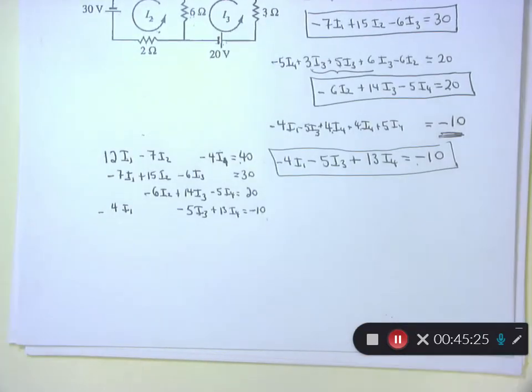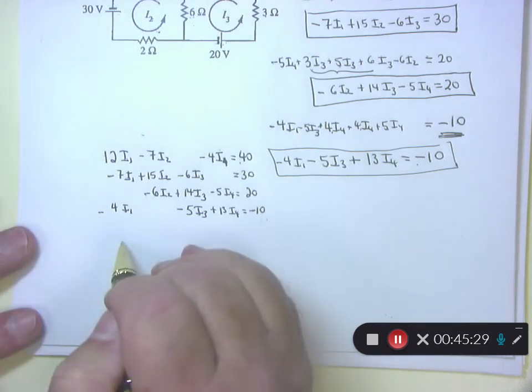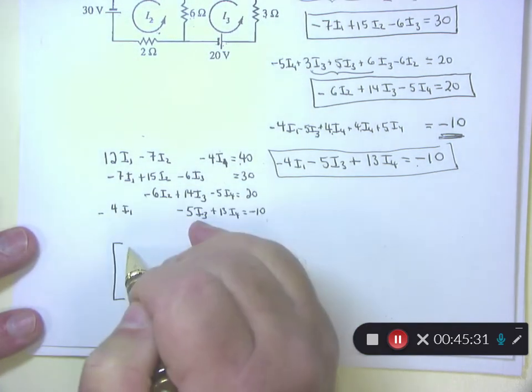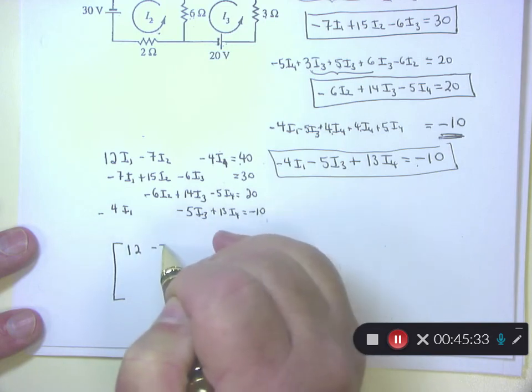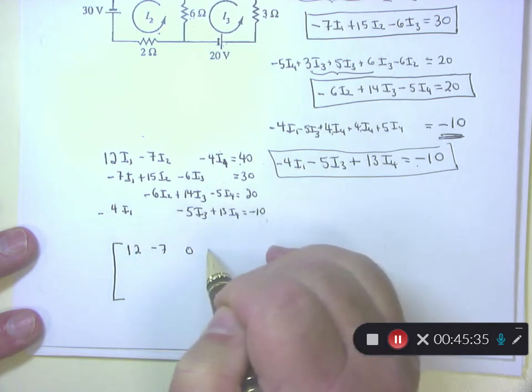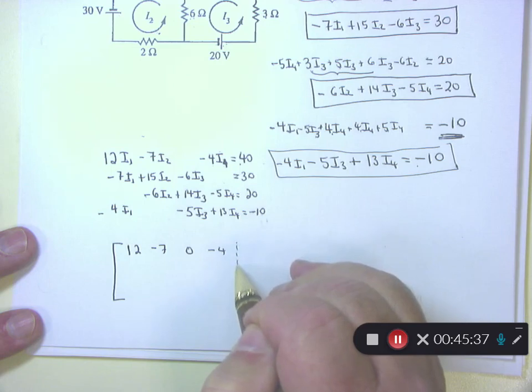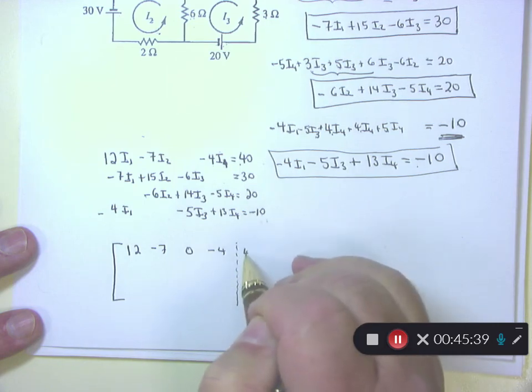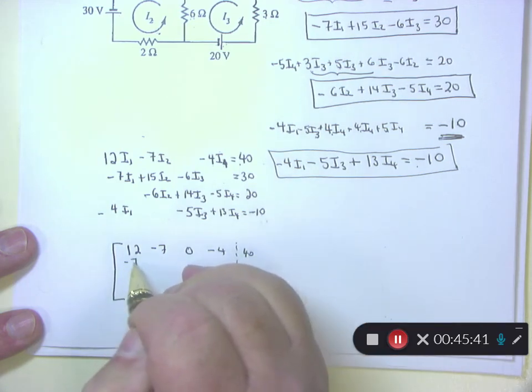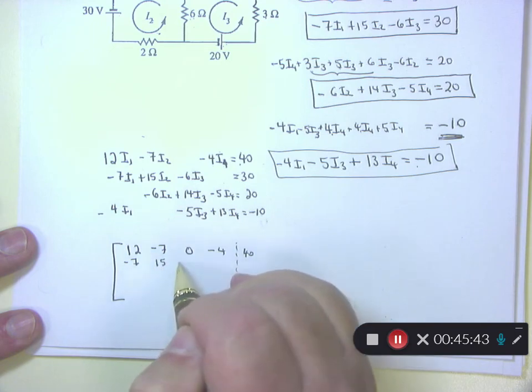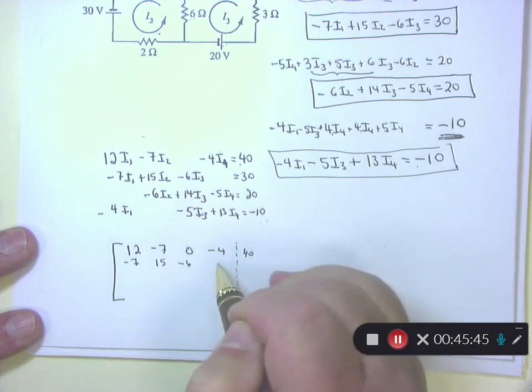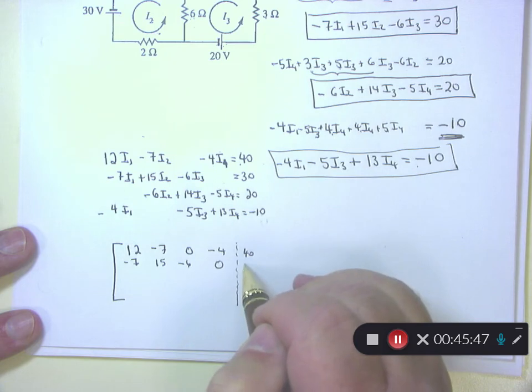All right, now what I want to do here is write this as a matrix. So writing it as a matrix, I got this. This would be 12, negative 7, 0, negative 4, and it's an equation, so we augment it with 40. Then negative 7, 15, negative 6, 0, there's no I4 there, equal to 30.